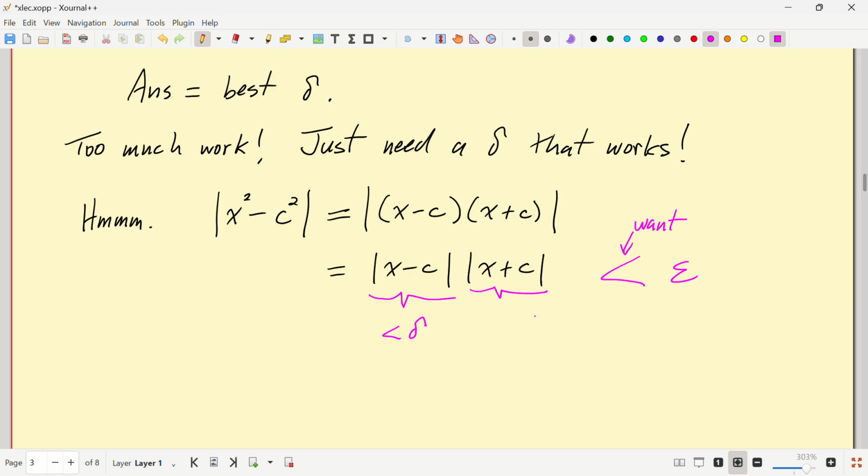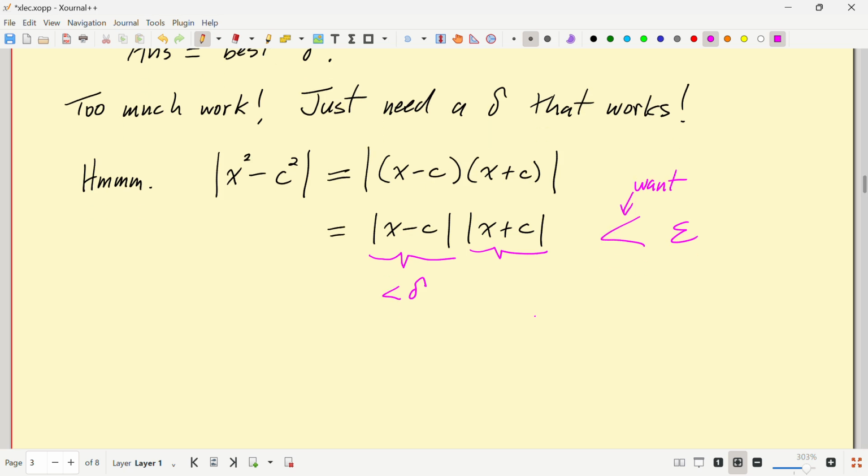And it can be just a really crummy bound, by some m. Who cares? It can be really rough.